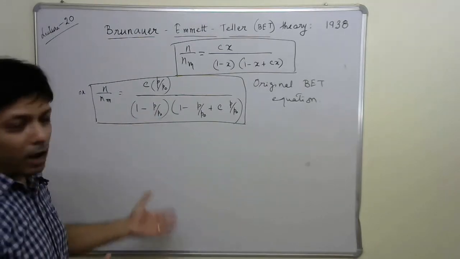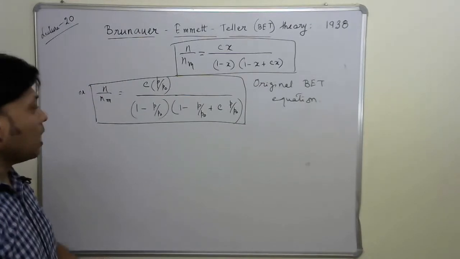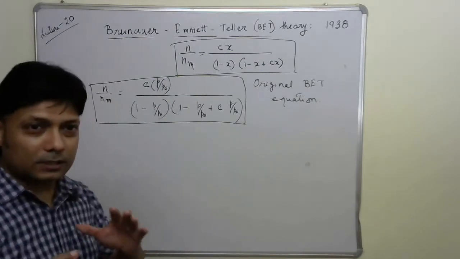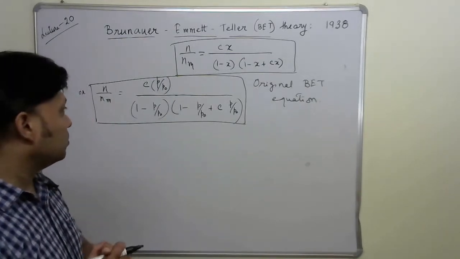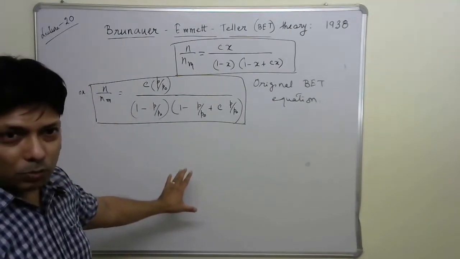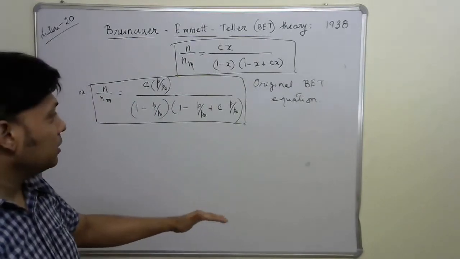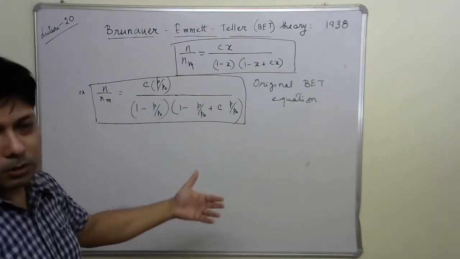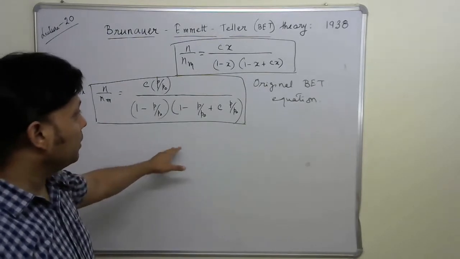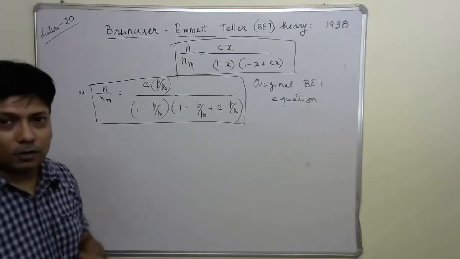The same thing we have to do here. So how do we do it? For that, a 3-4 step derivation is required. So let's quickly do that and arrive at the linear form of the BET equation, and for the rest of the discussion we will use that linear form to discuss all the observed experimental adsorption phenomena. Let's quickly erase this part and derive the linear form of the BET equation.